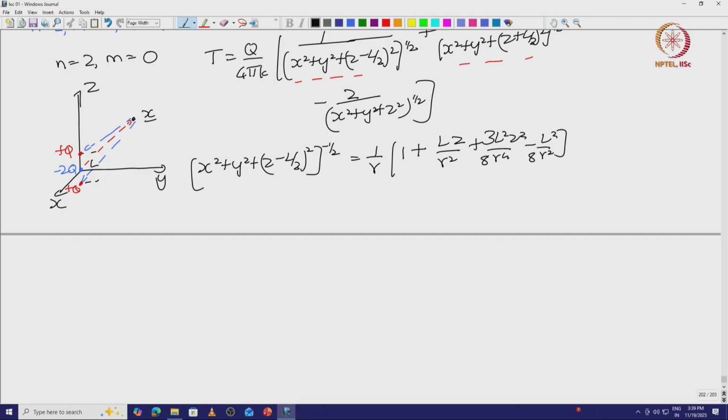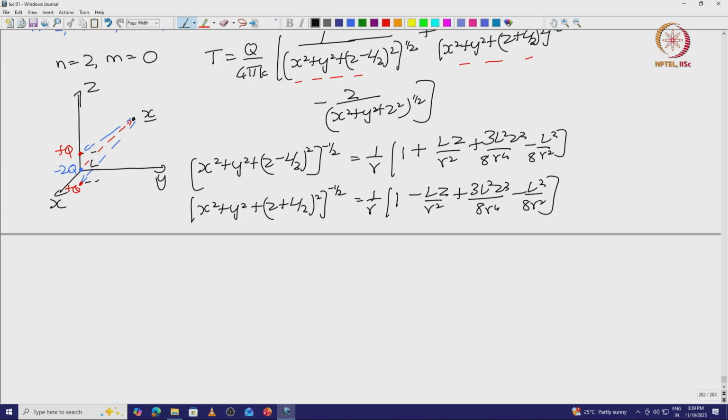And similarly x square plus y square plus z plus L by 2 whole square whole to the minus half is equal to 1 by r into 1 minus L z by r square plus 3 L square z square by 8 r power 4 minus L square by 8 r square.